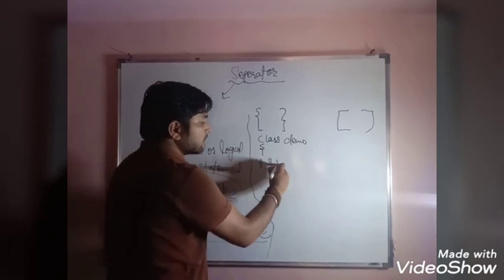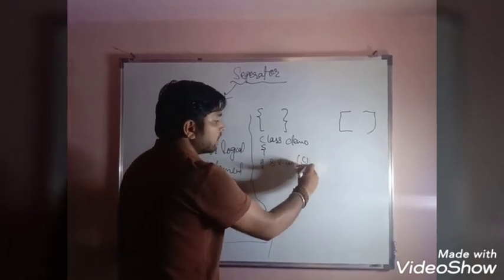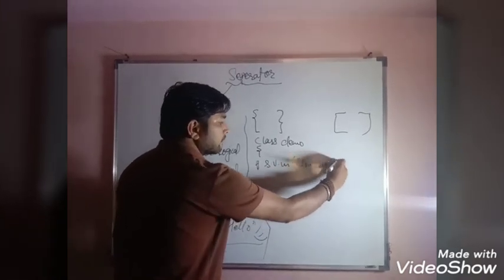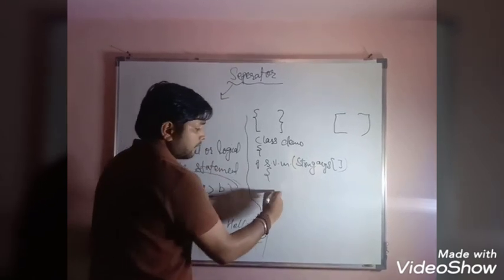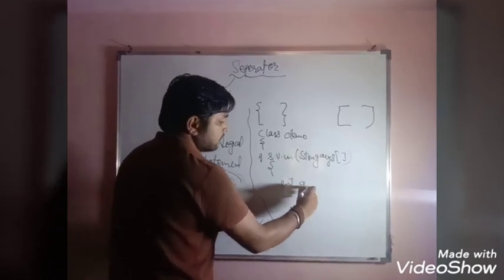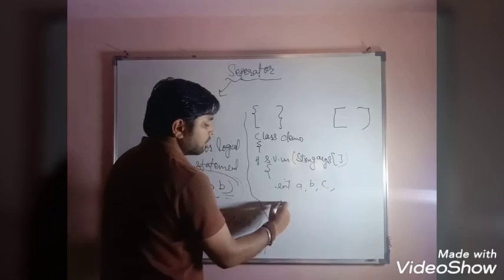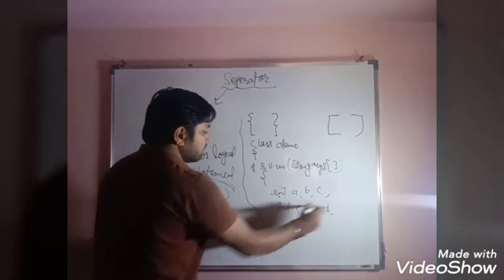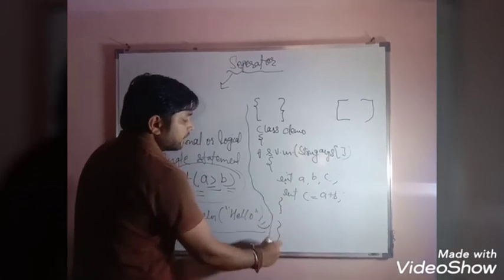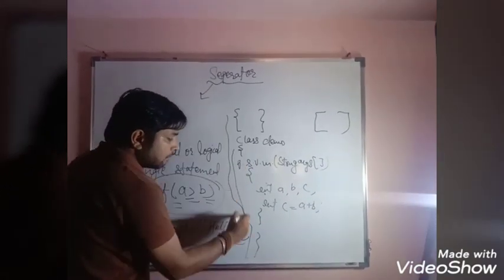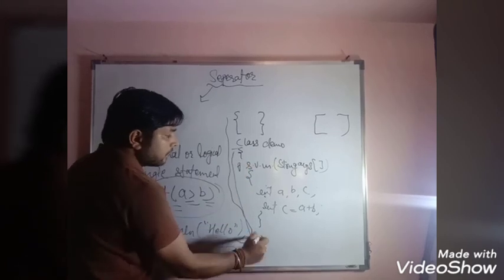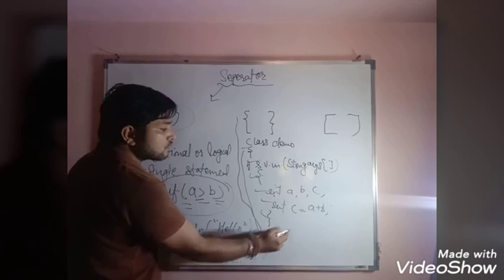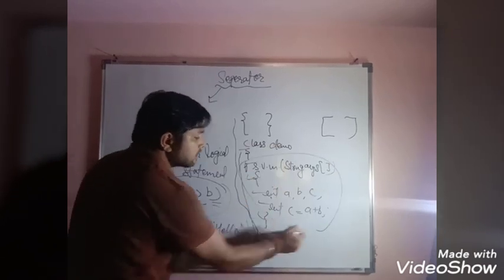Here we can write public static void main string args. This is the main method. Then you also have to define variables, what functionality you are using, and you have to separate with curly bracket. So between this curly bracket and this curly bracket there are multiple statements. So curly bracket is used to separate multiple statements.